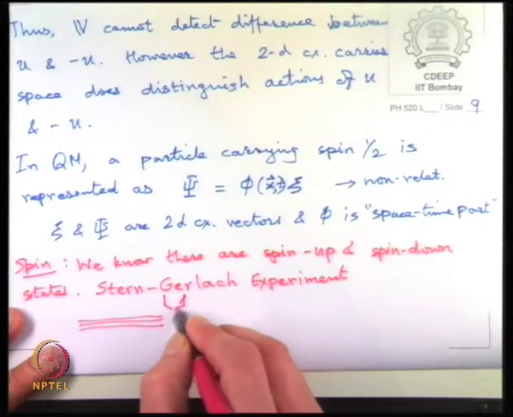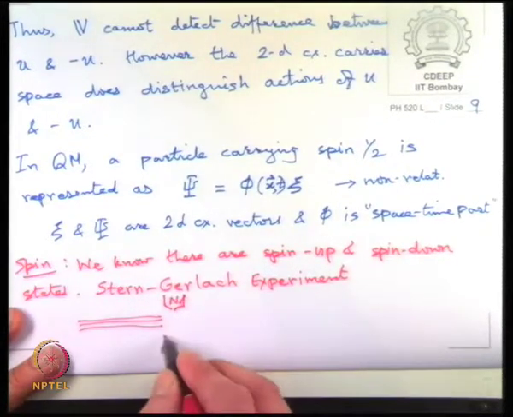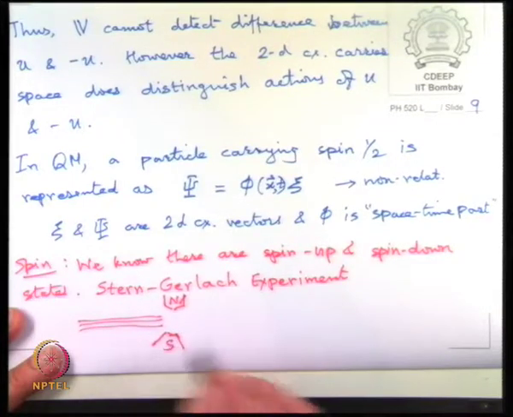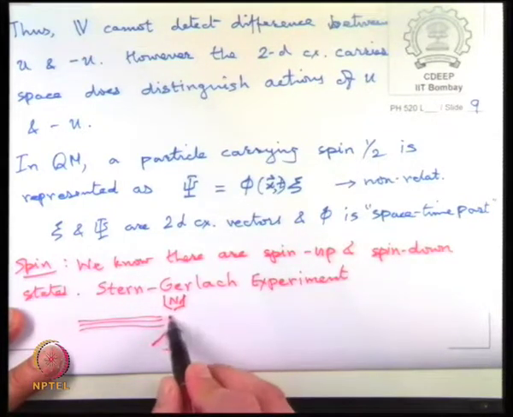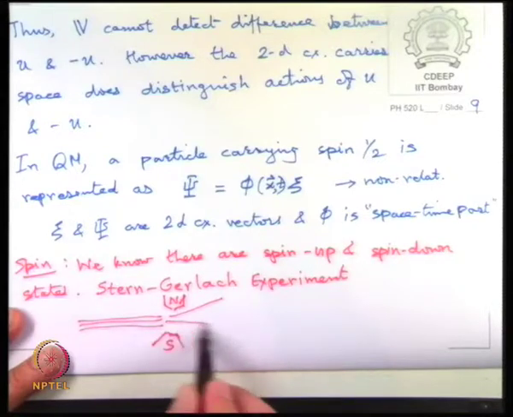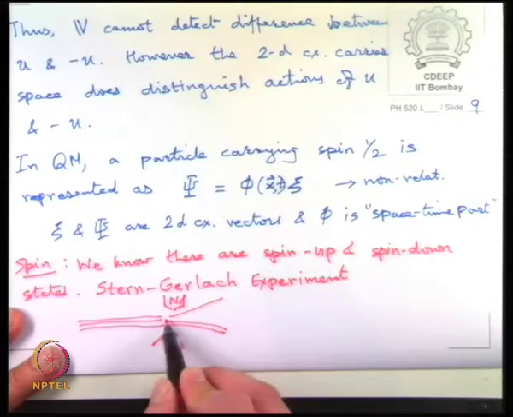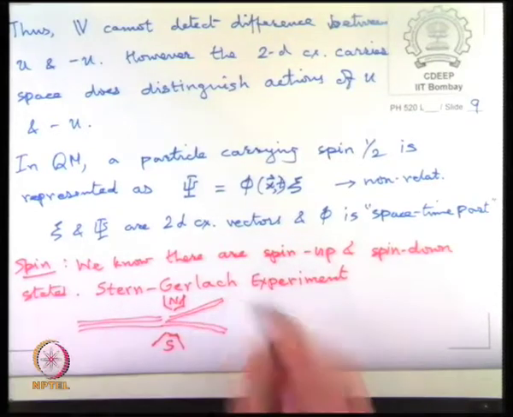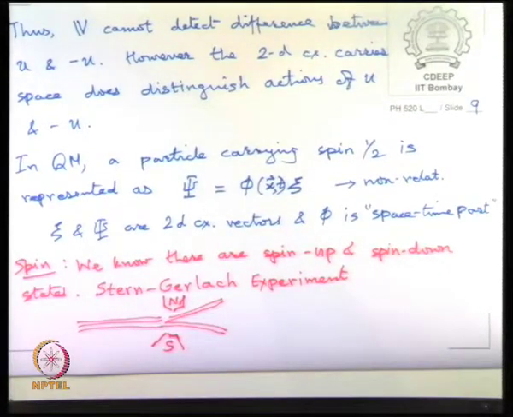through an arrangement of magnets, north and south pole, then this beam will split exactly into two parts. You are heating some silver or something like that, so you have just some vapor of silver coming out.